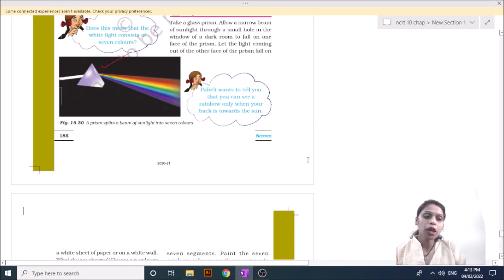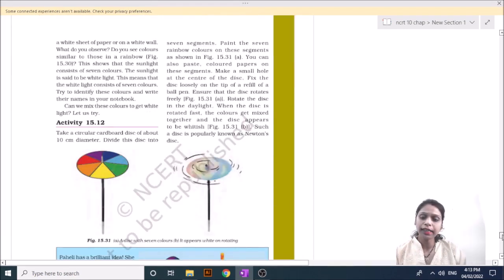Now, sometimes you will see in this figure that you take a disc and divide it into 7 colors, make a hole in the middle, put a pencil through it and start moving it.